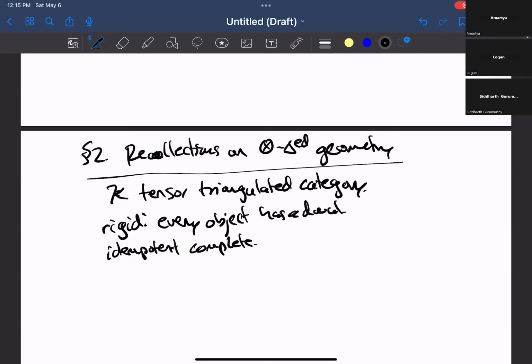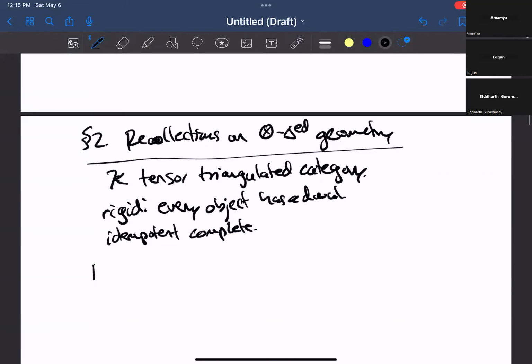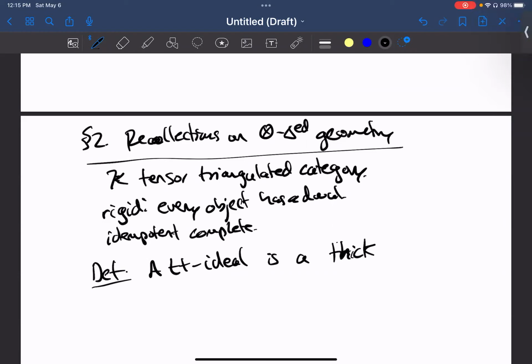All right. So in the setup, we recall that a TT ideal is a thick, so thick means closed under direct summands, if X plus Y is in it, then both X and Y are, triangulated subcategory. So we also want it to be full, of course.